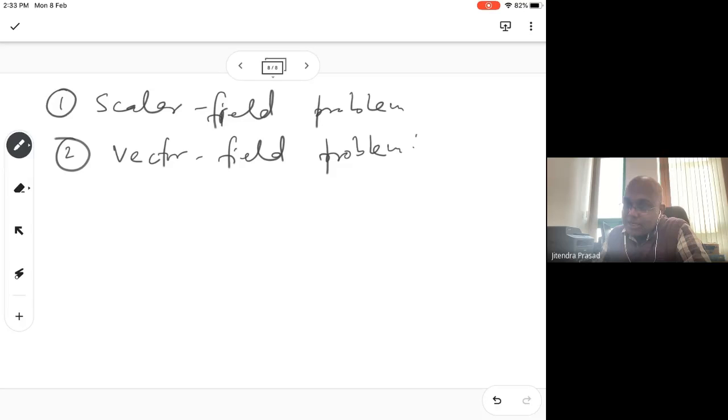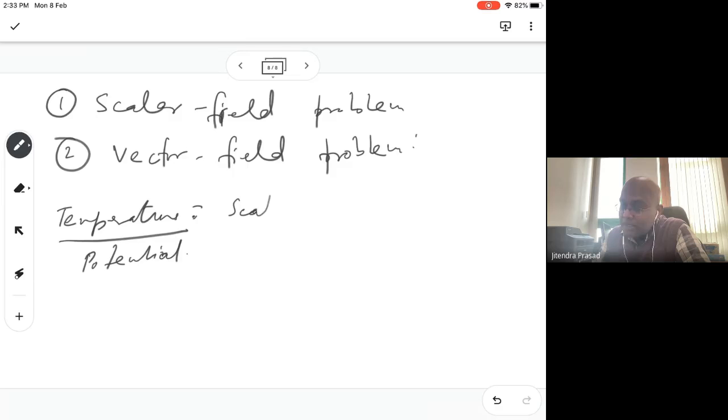Let's look at temperature. Or in fact, you can also have potential. Temperature is a scalar quantity.